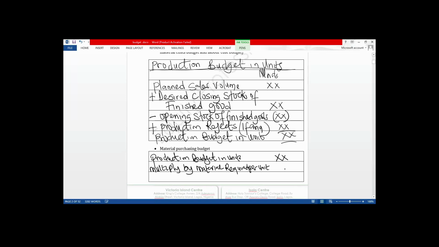You are going to multiply. That means XX multiplied by X. Your production budget multiplied by material required per unit will give you material production requirements. That is raw material required for production. XX.